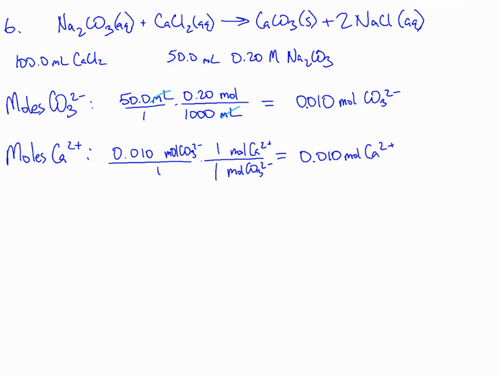The last piece of information that makes this one concentration is going to be what is the volume of the solution now. So here's what we're looking for. Brackets, Ca2 plus, close the brackets. The brackets mean concentration. This reads concentration of calcium ions. And so we need moles per volume.